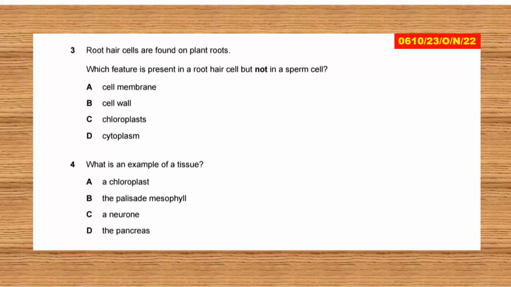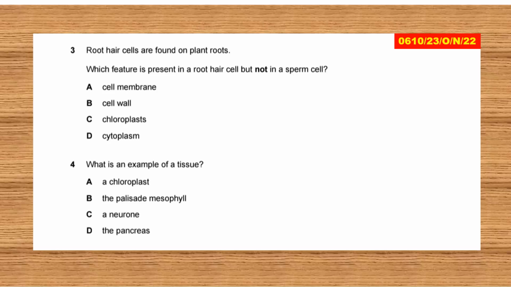This one is coming from paper 2, variant 3, October/November 2022. And the first question here is, root hair cells are found on plant roots. Which feature is present in a root hair cell but not in the sperm cell? I think this question was answered in the first part, characteristics of living organisms.